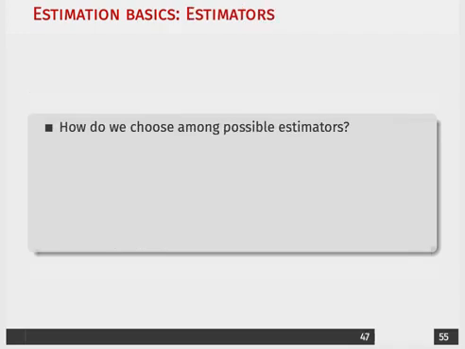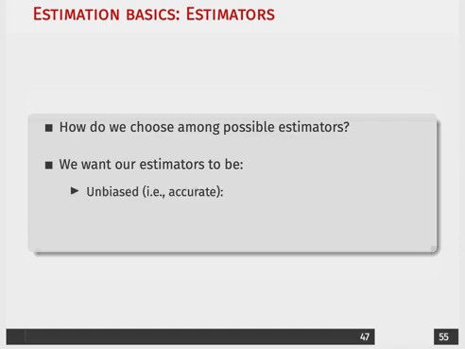Now, like I said, a big question that we're going to be talking about throughout the semester is how do we choose among all the possible estimators, right? There could be many different ways that we characterize the center or a spread of some distribution if it's something that might be a little complex, like in a regression analysis.